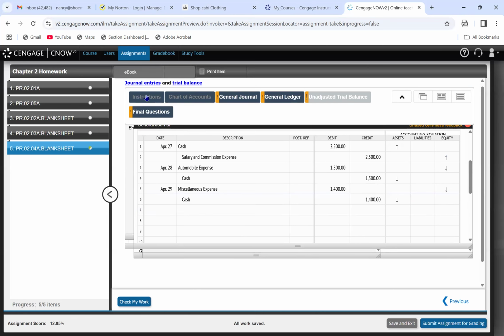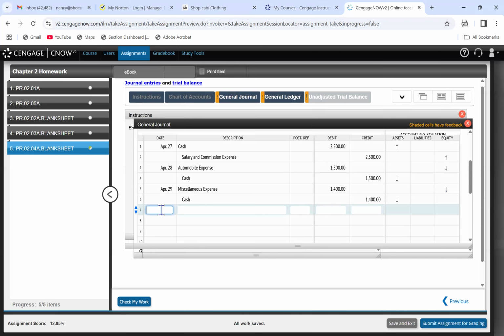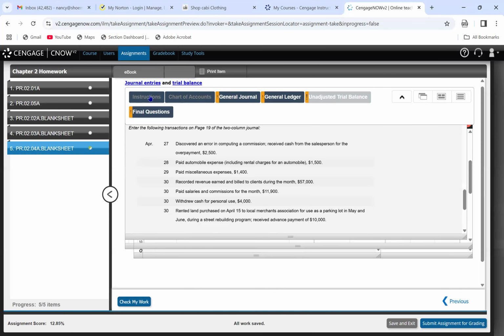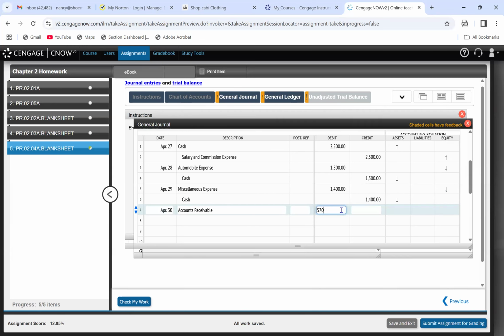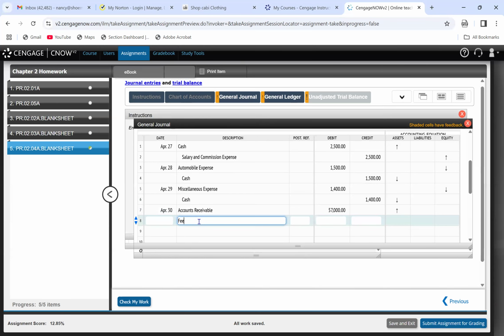Then we've got recorded revenues earned and billed to clients during the month, 57,000. This is April 30th. We have accounts receivable, and that was for 57,000. And let's see what the revenue would be, fees earned, 57,000.